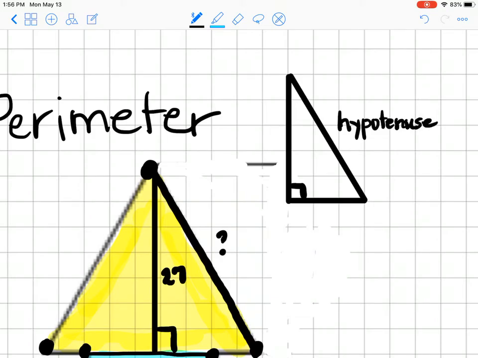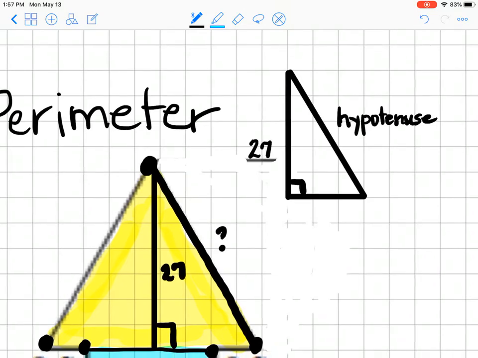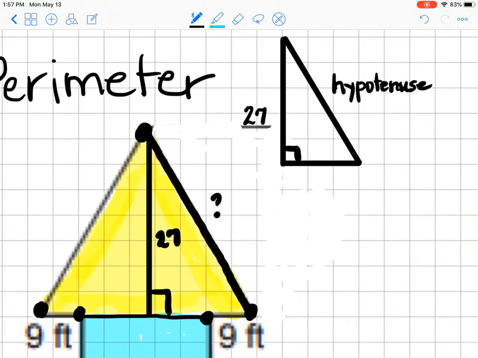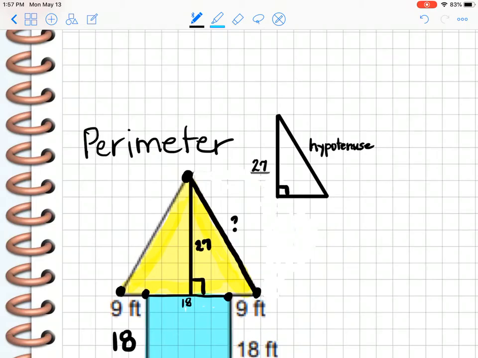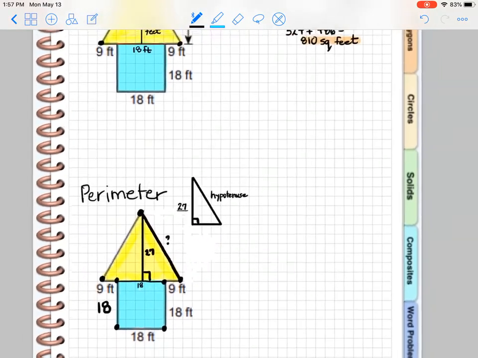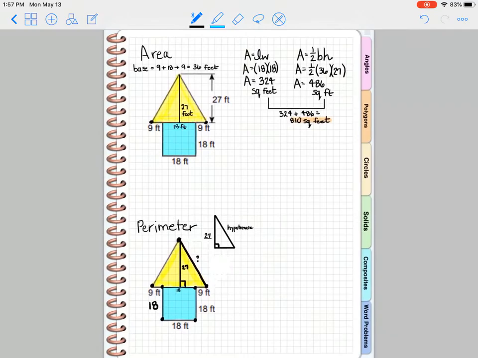But we know that this is 27 feet. And we actually know this bottom one if we think about it. Because remember, we found this whole base from edge to edge. We knew that the base was how much? Well, it's up there, it is 36 feet.